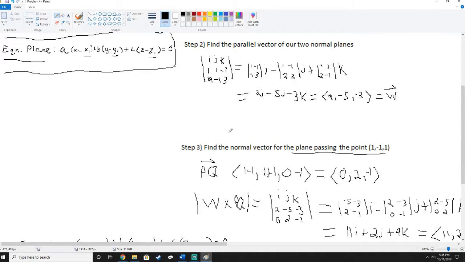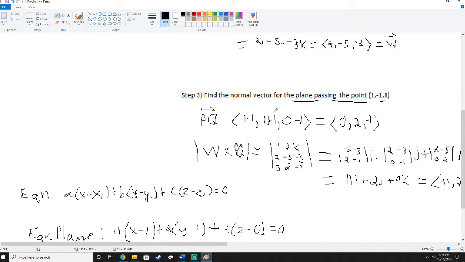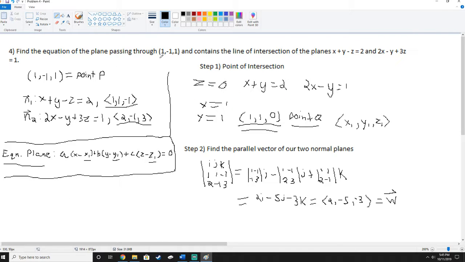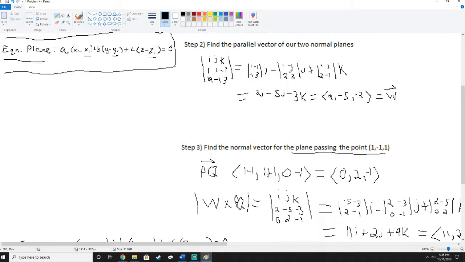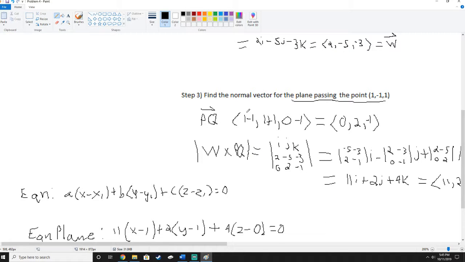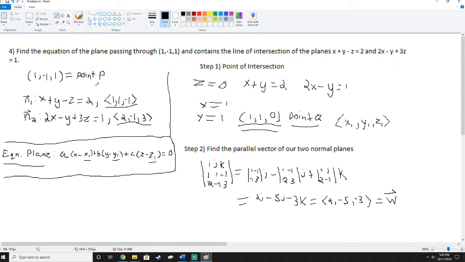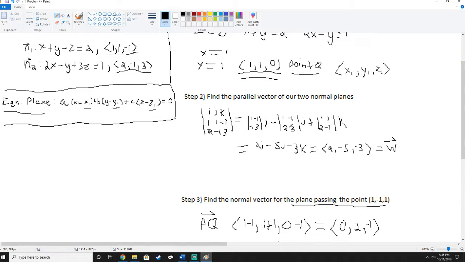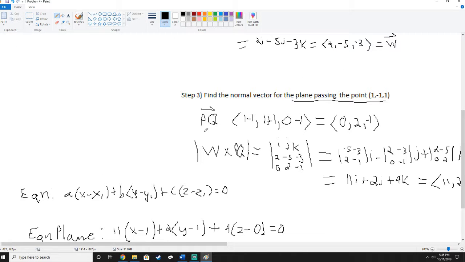So our third and final step is that we're going to find the normal vector for the plane that passes through the point that's given to us, in this case (1, -1, 1). So we're going to take our point P, which was stated to us at the beginning, and point Q, which is the point of intersection that we found earlier, and we're going to create a new vector, vector PQ.